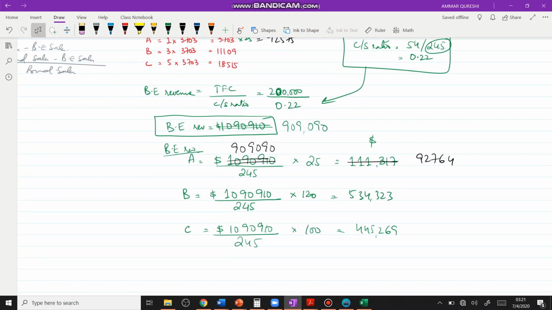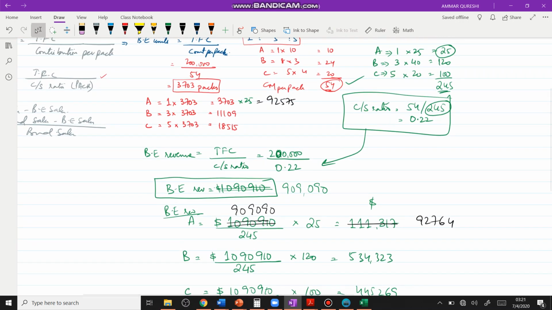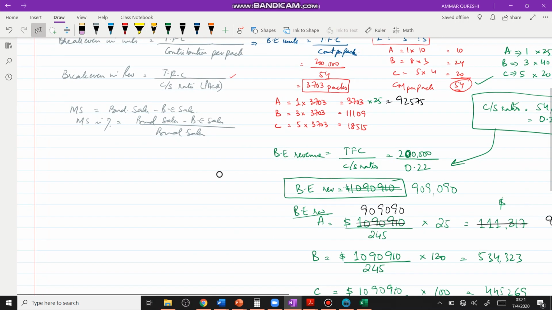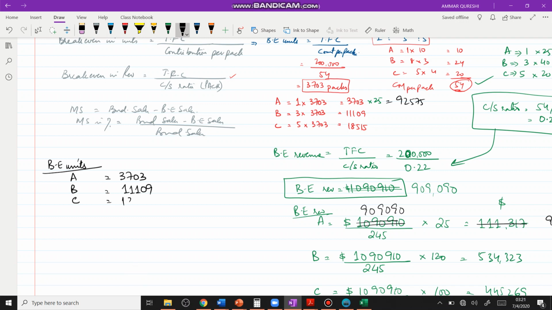Now, what's the second step? See, we are done with the break-even point. Now, what is the break-even in units? For product A, it's 3703. For product B, it's 11109. For product C, it's 18515, right?